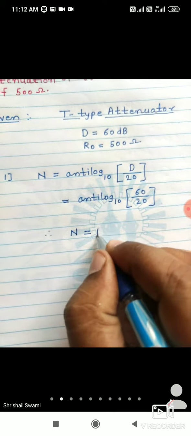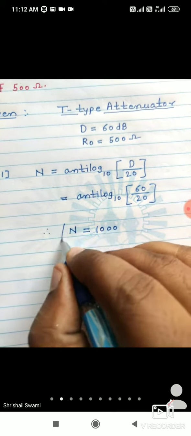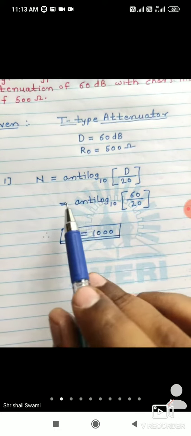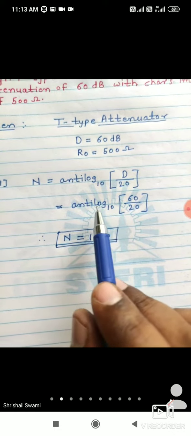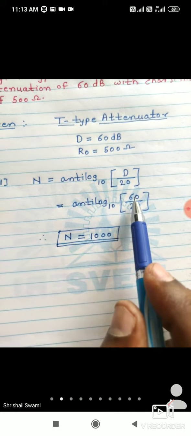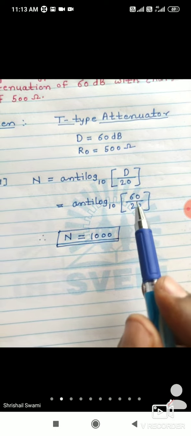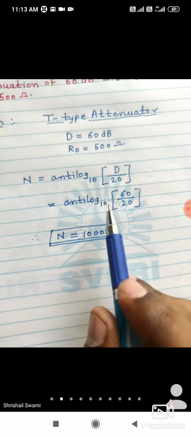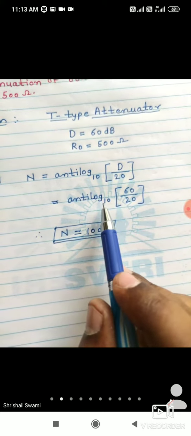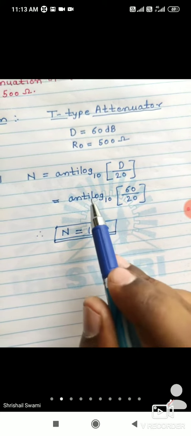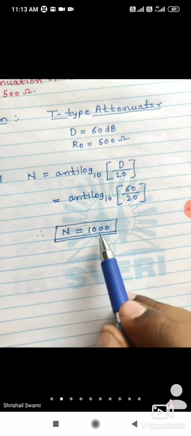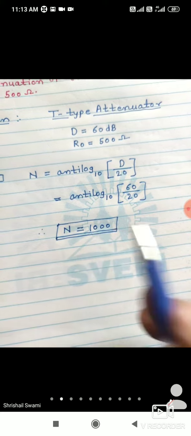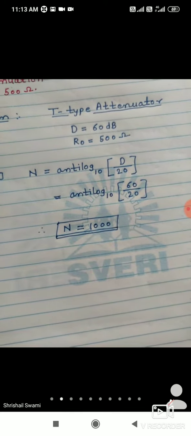So N is equal to 1000. Shift log will give the antilog, and you can write 60 divided by 20 or directly write 3. That will give 1000. So if antilog of 3, you will get 1000. If antilog of 2, you will get 100. If antilog of 1, then you will get 10.